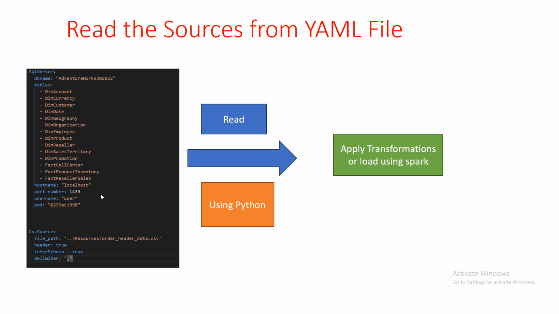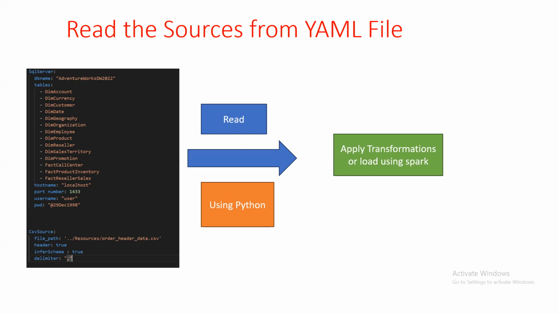As you can see, this is a sample YAML file. Most probably they will look like this. They gave SQL Server as the database tool, and the database name AdventureWorks 2022, which is an open source database available from Microsoft.